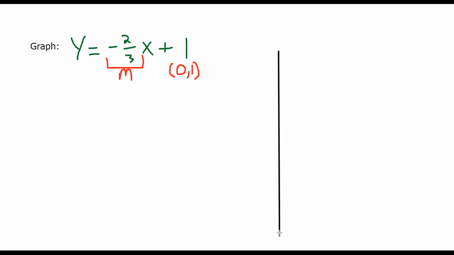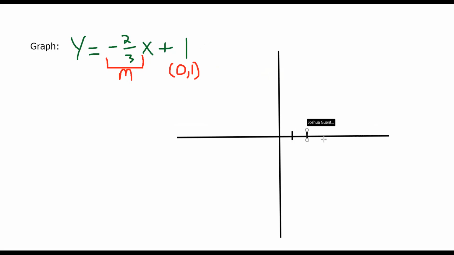So we can make ourselves a nice little graph here. We'll put 5 divots on each part of the axes.